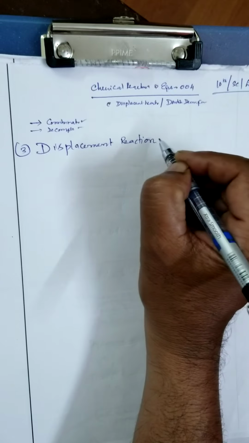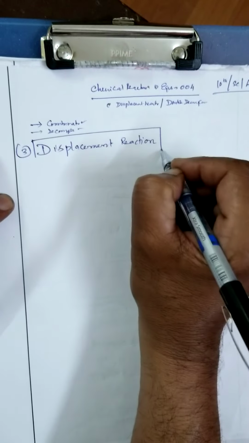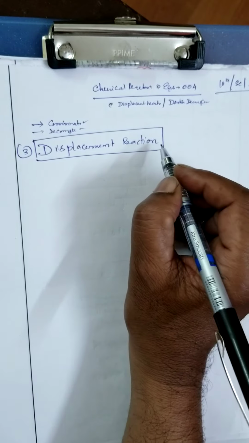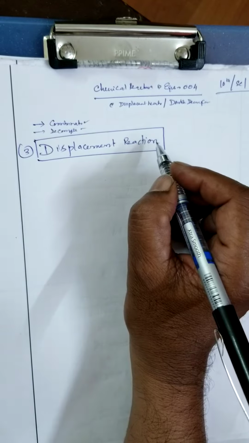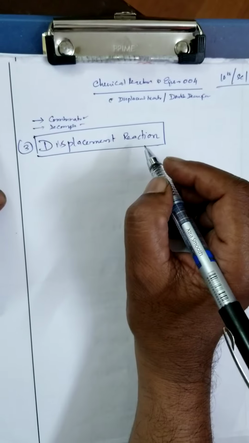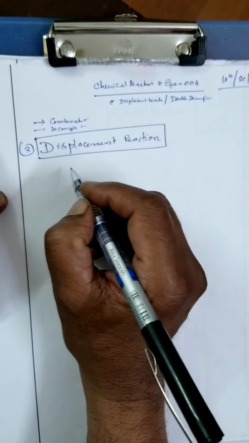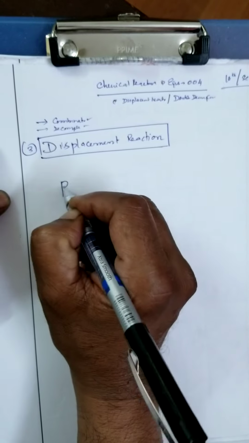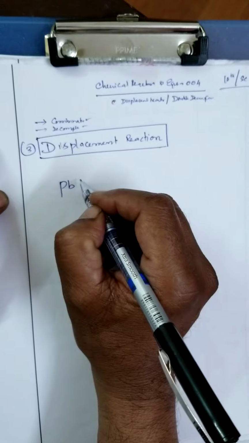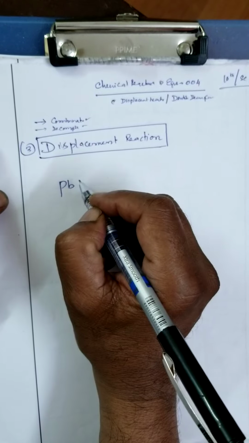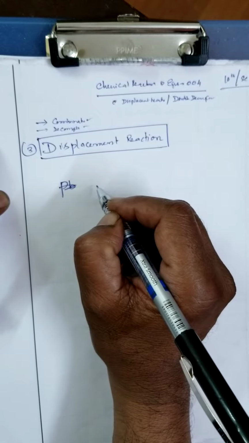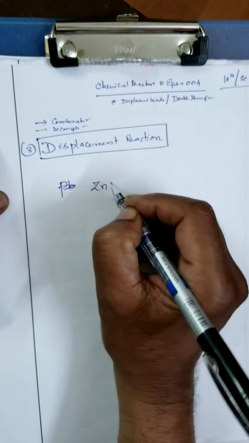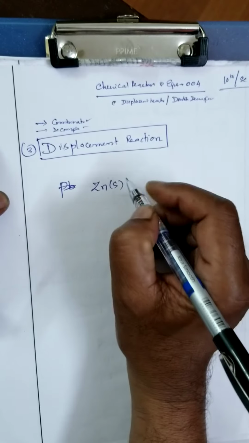What is a displacement reaction? One element displaces the other. Example here, lead nitrate. Example zinc, I will take it. That is better. Zinc is a solid.